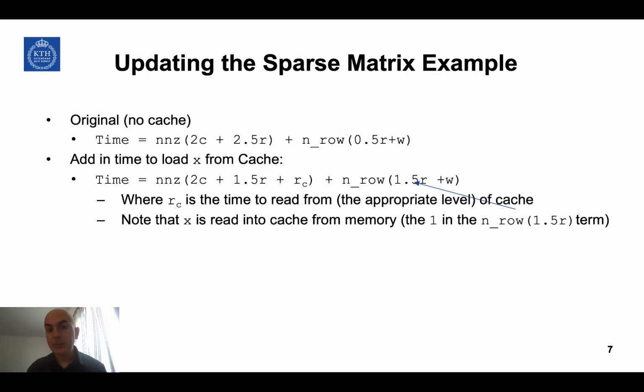Note also that we need to include the time to read into the cache from the memory. So we are still paying the cost of accessing the main memory. So we are adding here one more term. This was 0.5. We add one load of a double precision element from the memory to the cache.